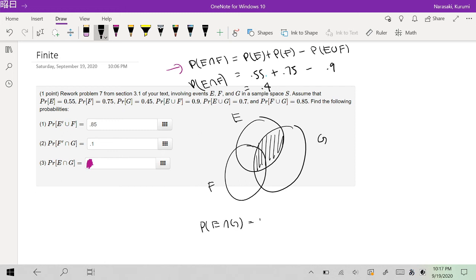Probability of E and G is equal to probability of E plus probability of G minus probability of E union G. So E is 0.55, G is 0.45, minus the union 0.7, so that's equal to 0.3. Let's check it out. Alright, that's it.